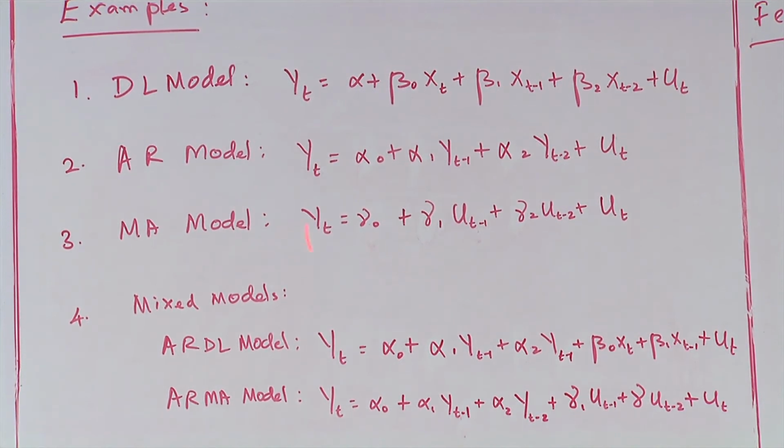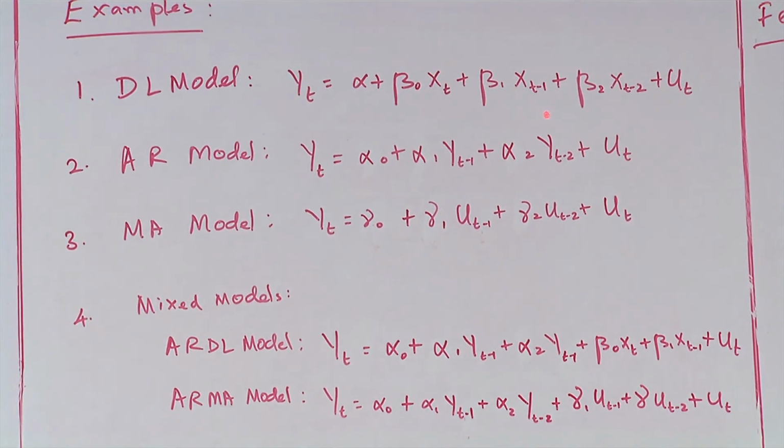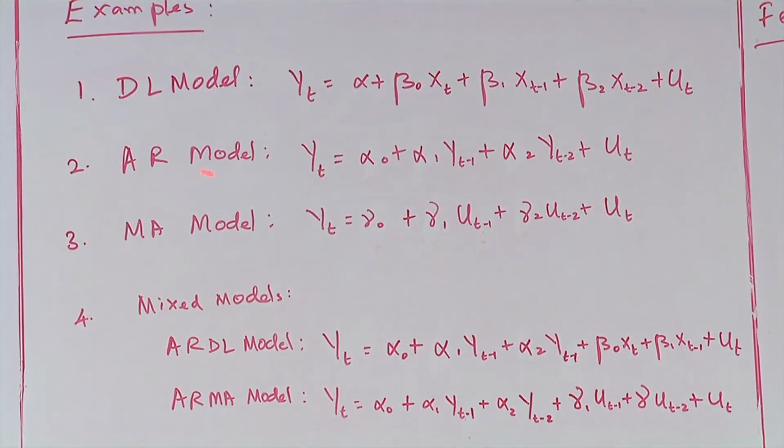With this we can define some mixed models. These are called pure models, because the DL model does not have anything other than the lagged variables of xt, the AR model does not have any variables other than the lagged variables of the dependent variable, and the MA model does not have any independent variables other than the lagged variables of the error variable.